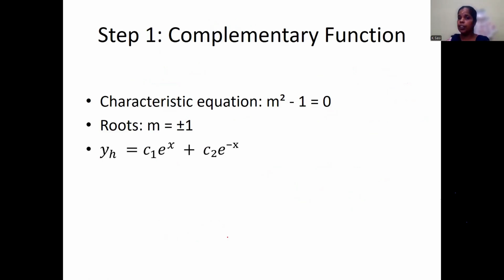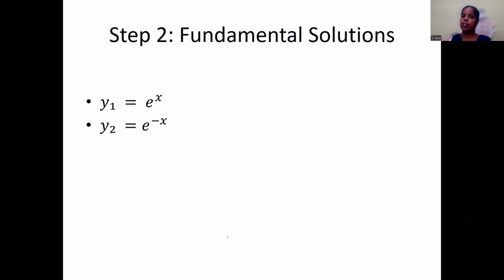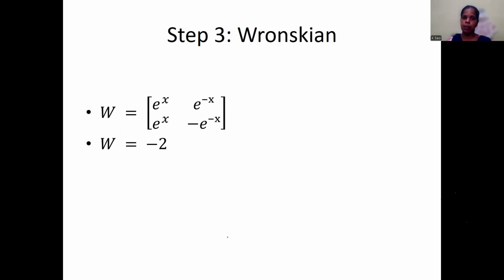First we are going to find the complementary function. So here m square, auxiliary equation you can say, or otherwise characteristic equation. So m square minus 1 is equal to 0. Finding the roots, m is equal to plus or minus 1. Roots are unequal, so the complementary solution is yc equals c1 e power x plus c2 e power minus x. Then we assume y1 as e power x, y2 as e power minus x.